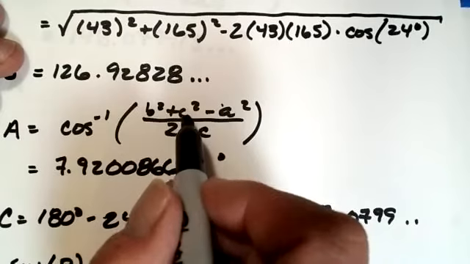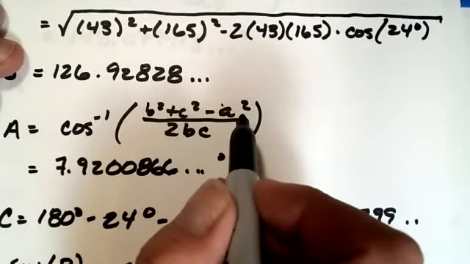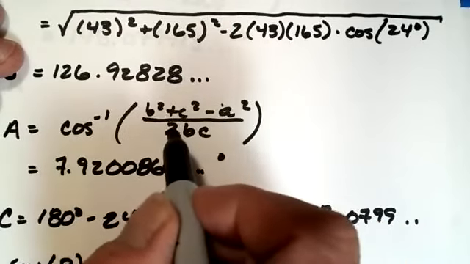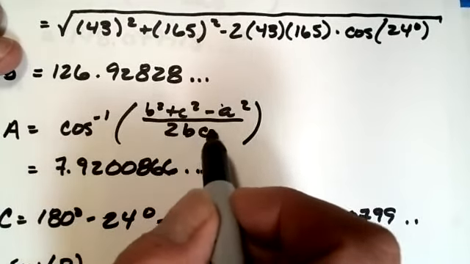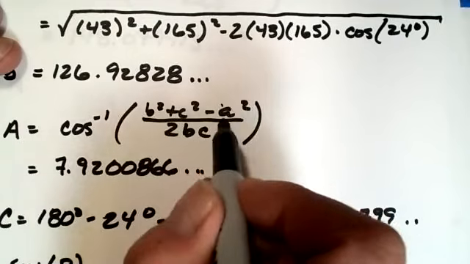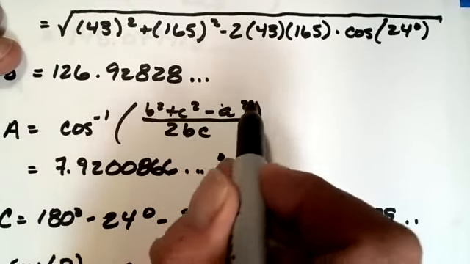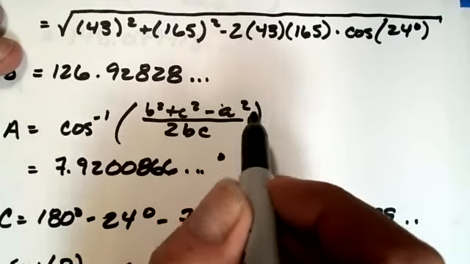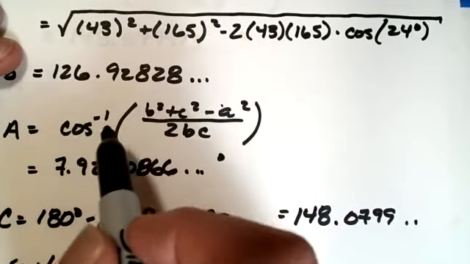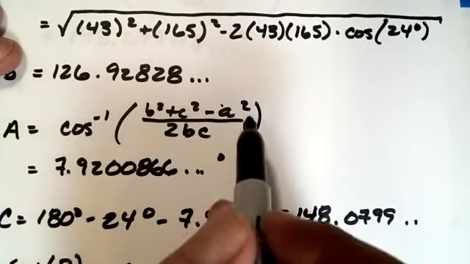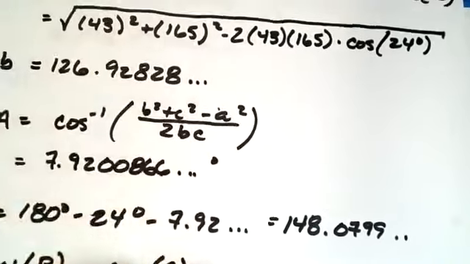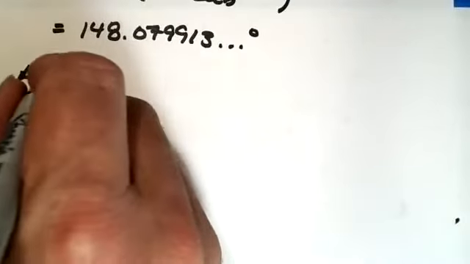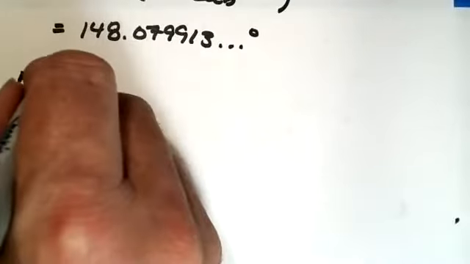C actually has more significant digits. It has 3, but A only has 2. And then you're dividing by something that has 2-ish, 3-ish. But the limiting factor is right here: something with 2 significant digits. And so when you take the inverse cosine of something that's only really got 2 significant digits in all the inputs, this will have 2 significant digits. So A is equal to 7.9 degrees, which is kind of a little bizarre.